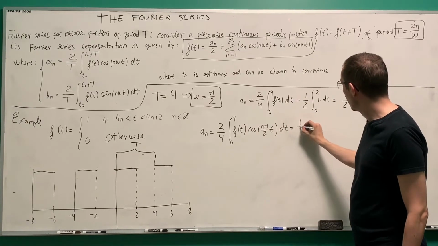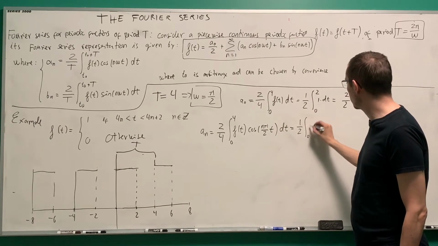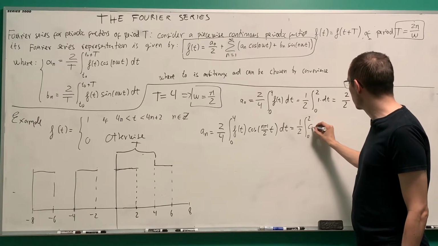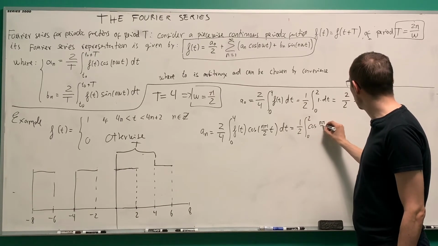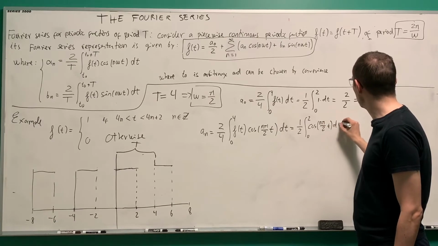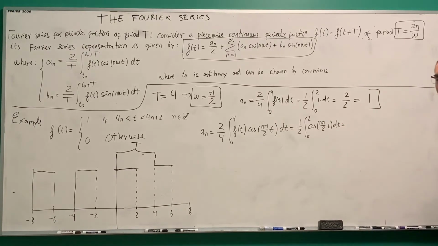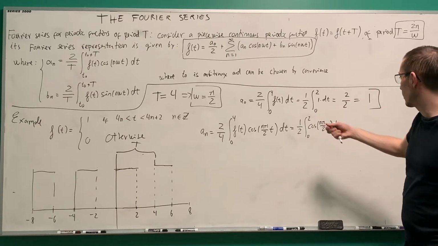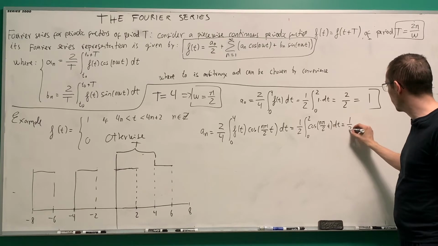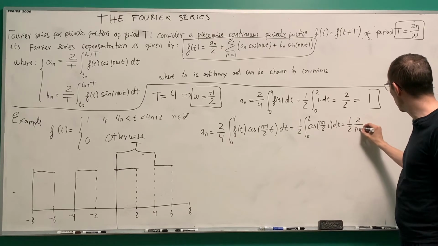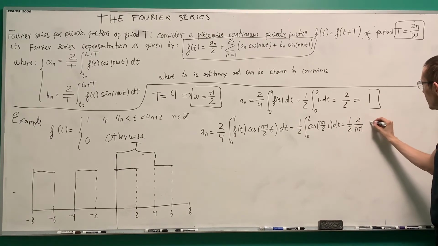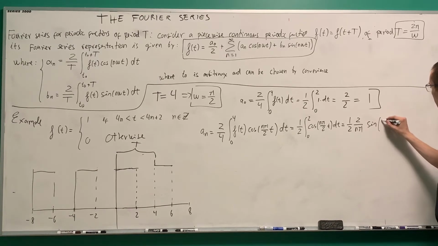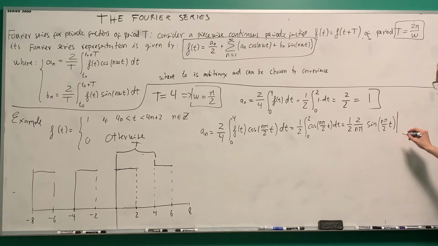Same as before, we get 1 over 2 times the integral from 0 to 2 of 1 times the cosine of n pi divided by 2 t dt. The integral of the cosine is the sine, and then the coefficient n pi over 2 gets inverted, so we get 1 over 2 and then 2 over n pi, and then the sine of n pi over 2 t evaluated from 0 to 2.